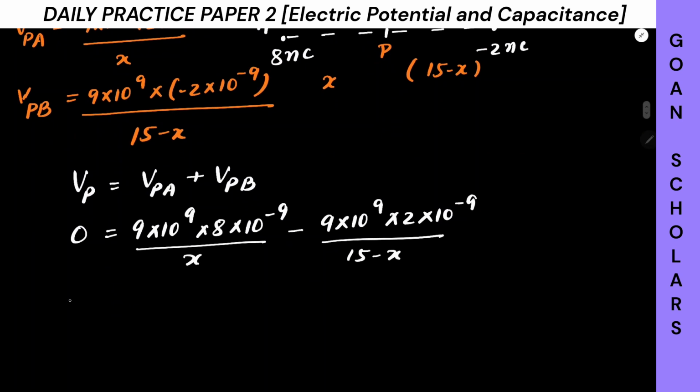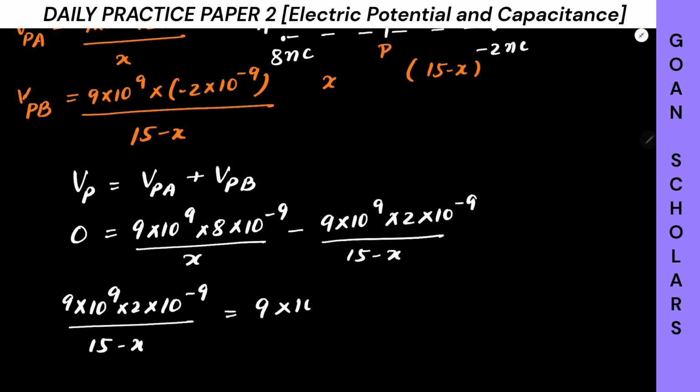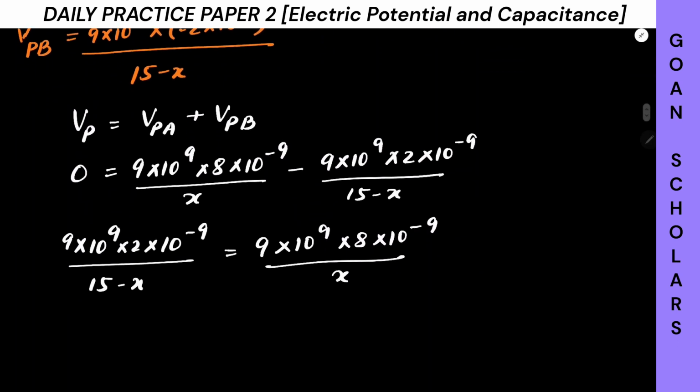Now, if I take this second term on the left hand side, it will be 9 into 10 to the power 9 into 2 into 10 to the power minus 9 whole divided by 15 minus x, and that is equal to 9 into 10 to the power 9 into 8 into 10 to the power minus 9 whole divided by x.